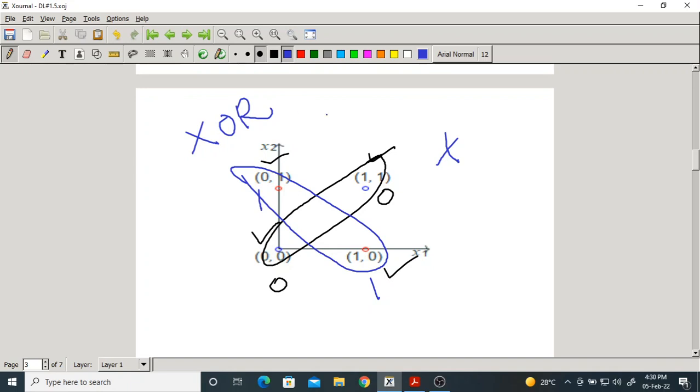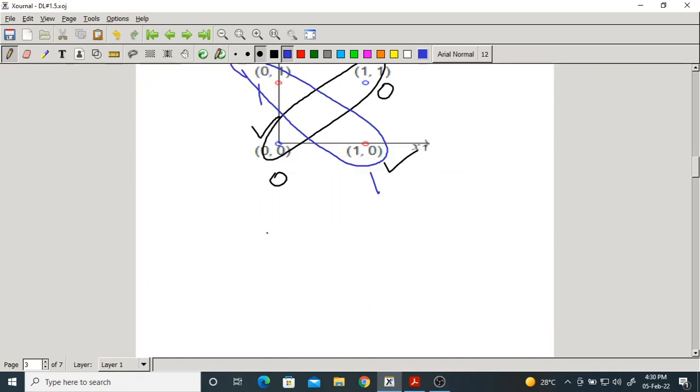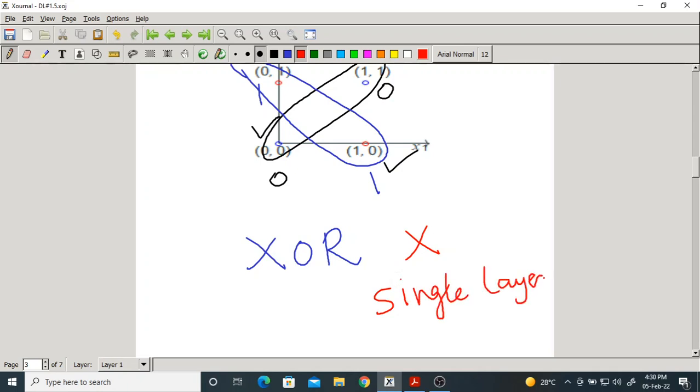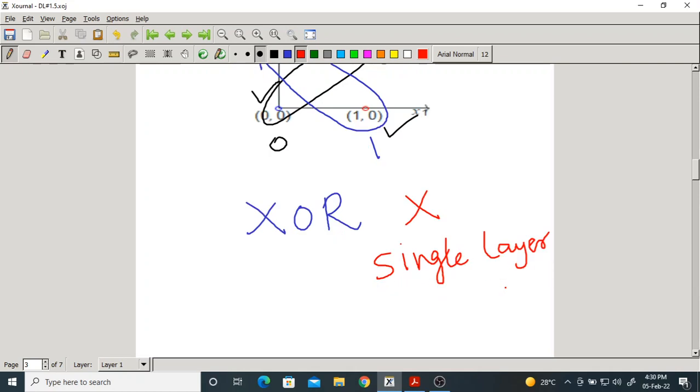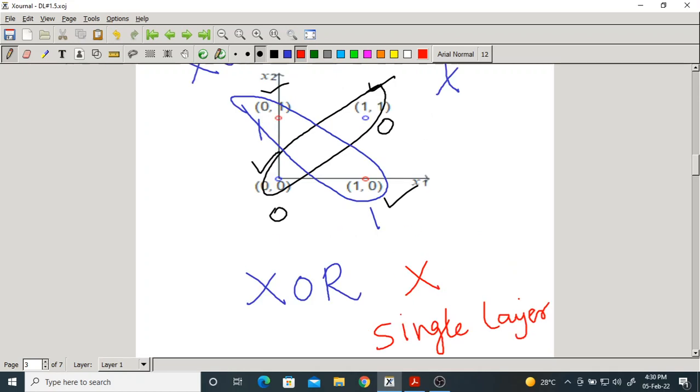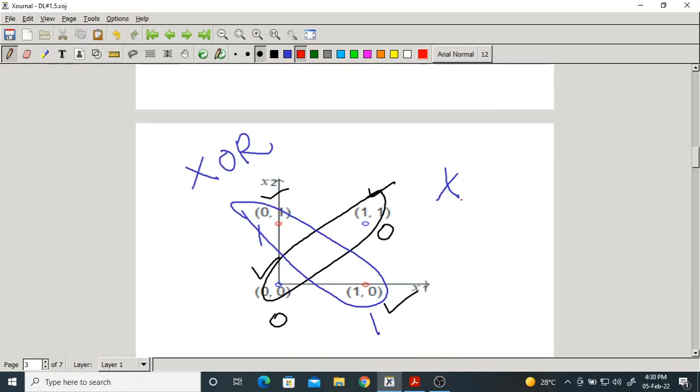Okay, so which means XOR cannot be implemented by what? A perceptron, a single layer perceptron. What is the reason? Because the data is not separable, non-separable.